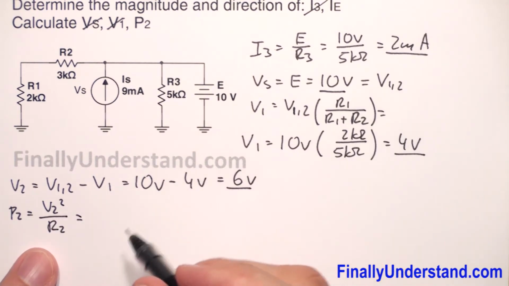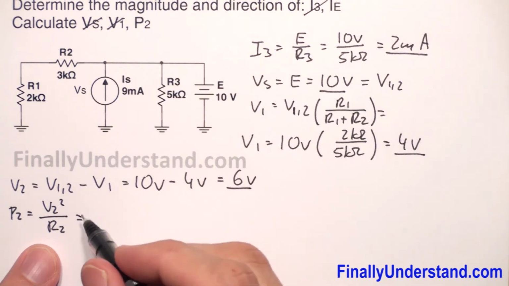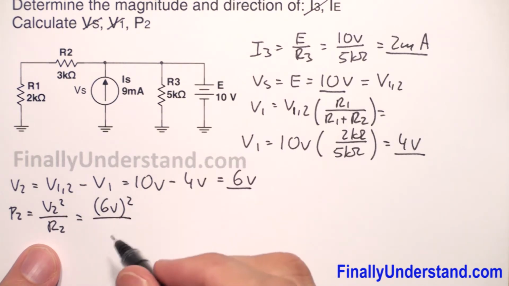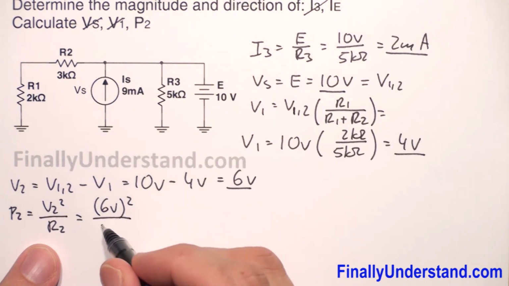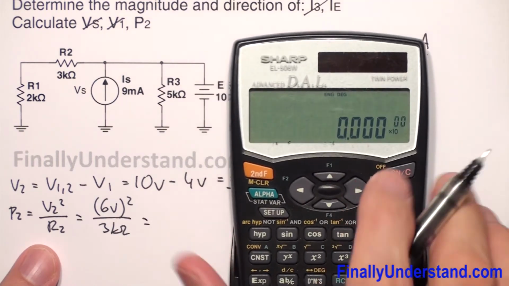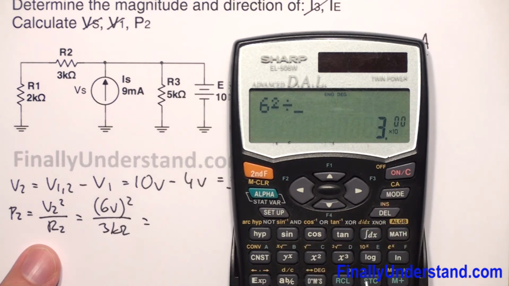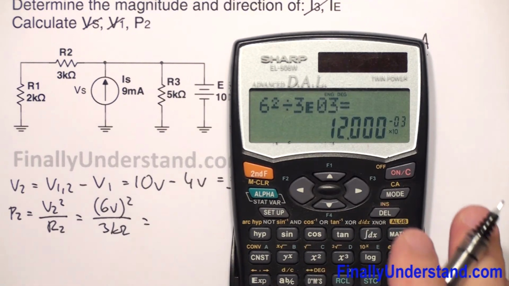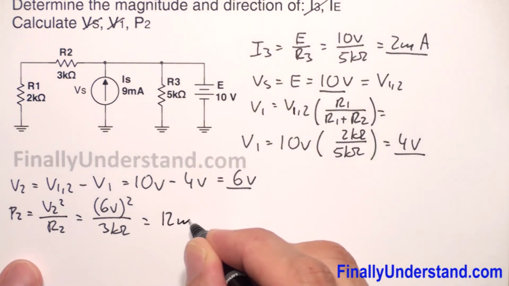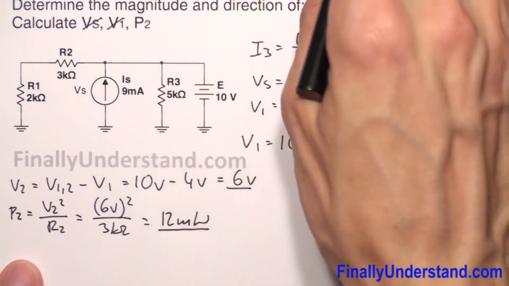This is equal 6 volts to the second power over R2, which is equal 3 kiloohms, and this is equal 6 squared divided by 3 exponent 3. This is equal 12 milliwatts. Okay, we found P2.